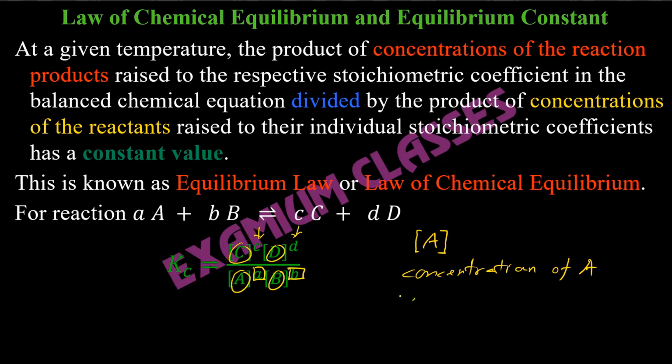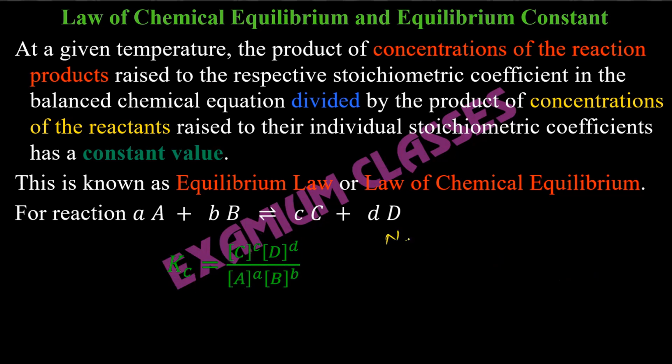It means if I have the same reaction N2 plus 3H2 gives you 2NH3, then equilibrium constant, and remember this C represents concentration. Equilibrium constant in terms of concentrations, because we are using concentrations here. C for concentration. It will be given by products concentration. Here we have only one product, ammonia. So product concentration, in square brackets ammonia, raised to its stoichiometric coefficient.